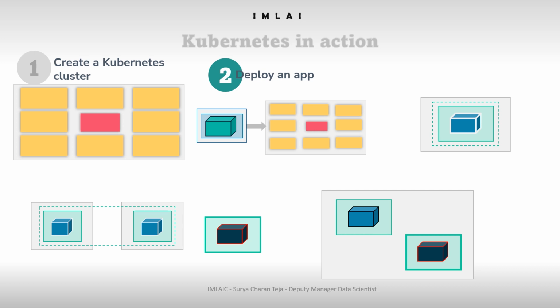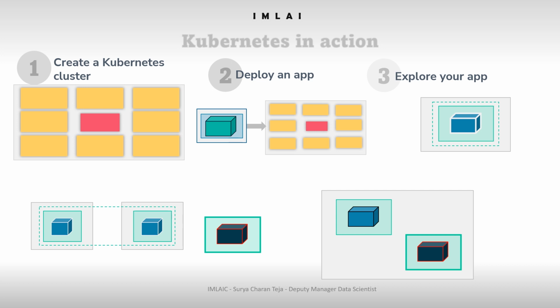Then the third step is explore your app. When you created a deployment in step 2, Kubernetes created a pod to host your application instance. A pod is a Kubernetes abstraction that represents a group of one or more application containers, such as Docker, and some shared resources of those containers.